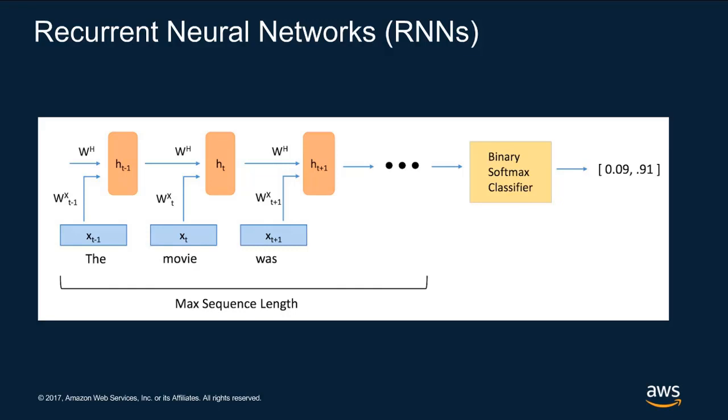Whereas the weight that is applied to each word is specific to that time, the H is the output that takes in the value at that time. So at time T, it takes in "movie," but it also takes in everything that has happened in the past.